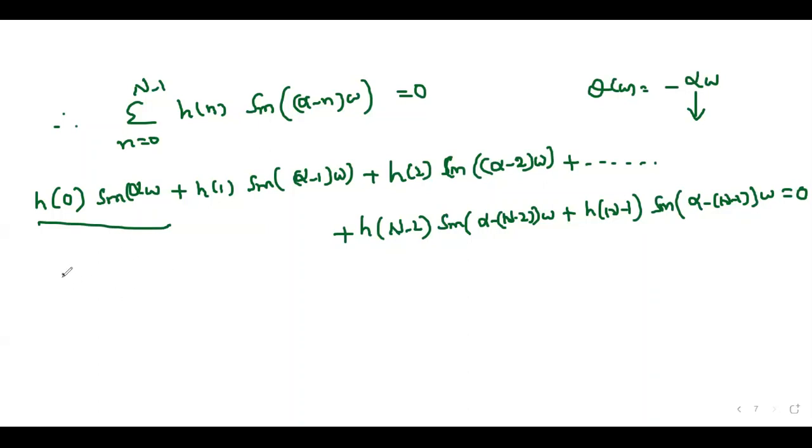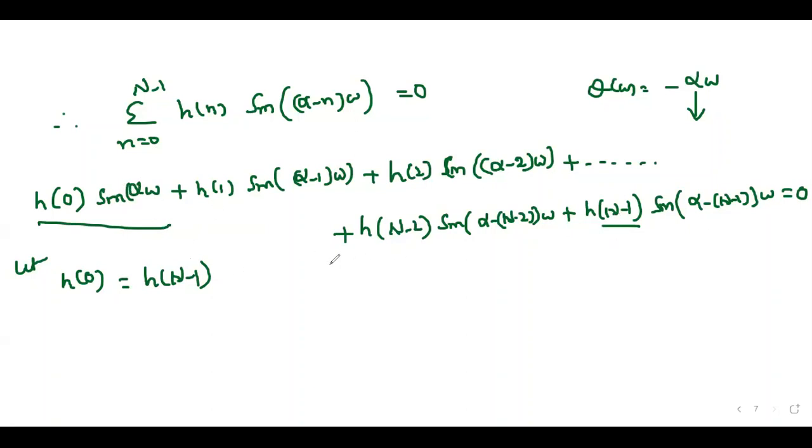You assume that h of 0 is equal to h of n minus 1, this term, in order to get cancellation.